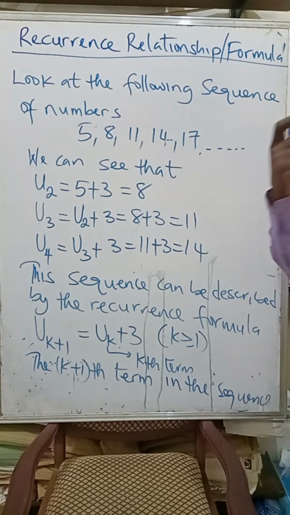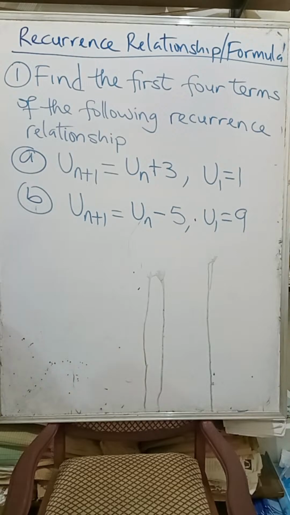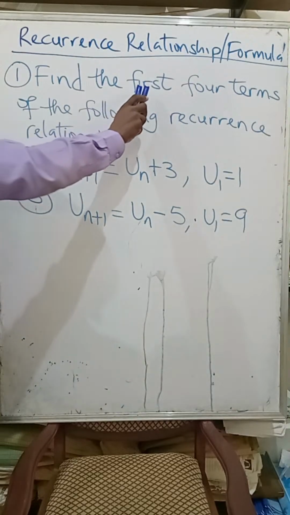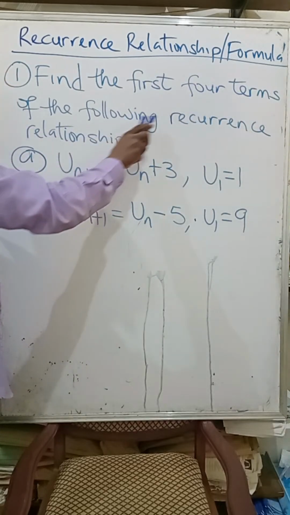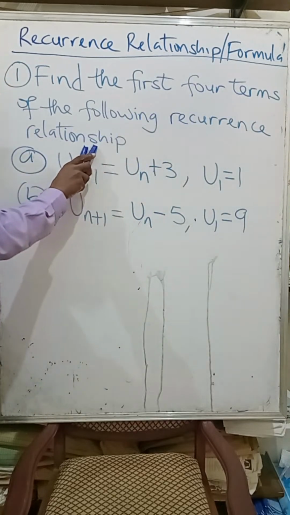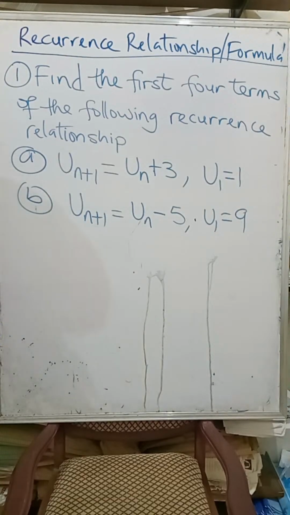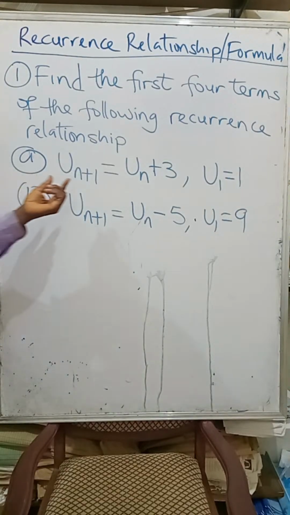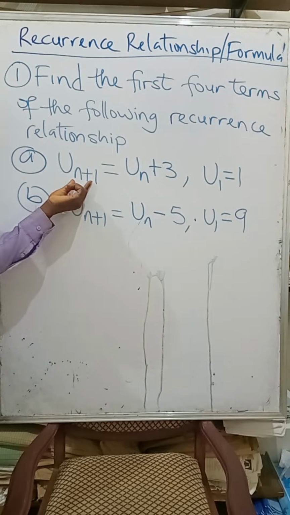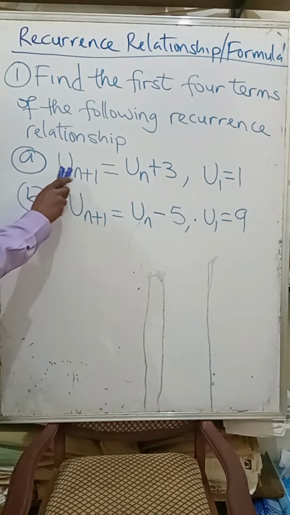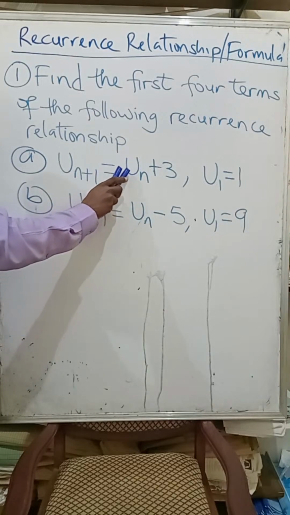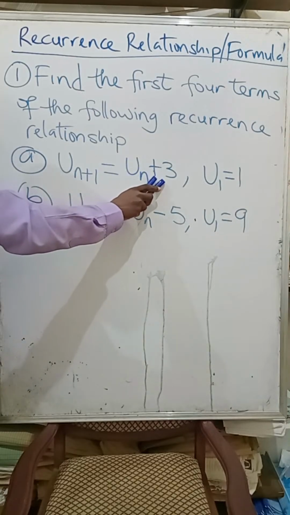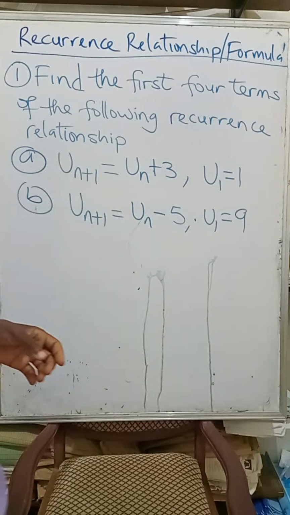Without further ado, let's see practical questions. Find the first 4 terms of the following recurrence relationship. You are given the formula. The first one: U subscript n plus 1 is equal to U subscript n plus 3. And I didn't mention something in the introduction.